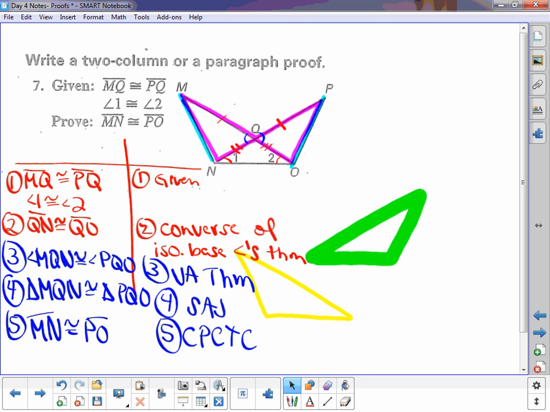Your homework for tonight, you'll notice on your assignment sheet, is worksheet 5 and 6. I'm going to pass out 5 first. Alright, now worksheet 6 is coming.